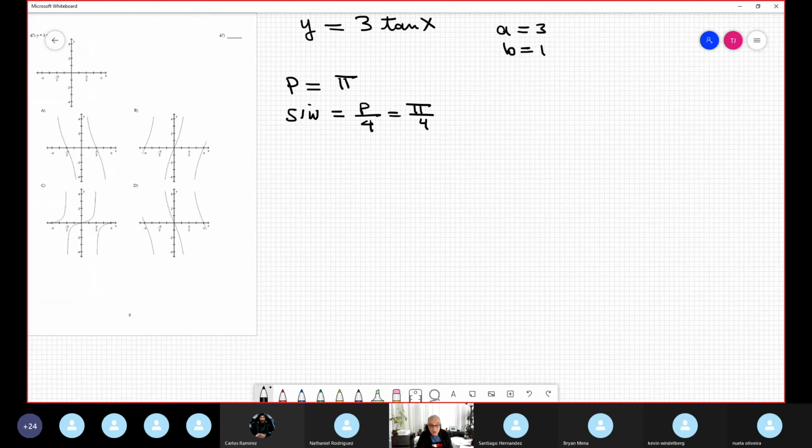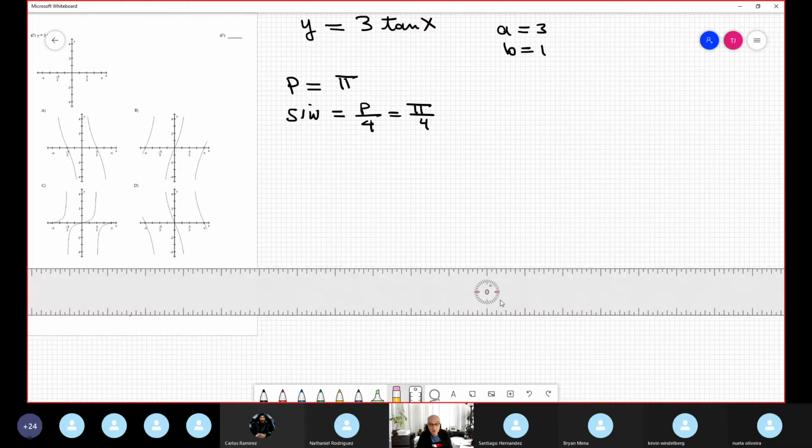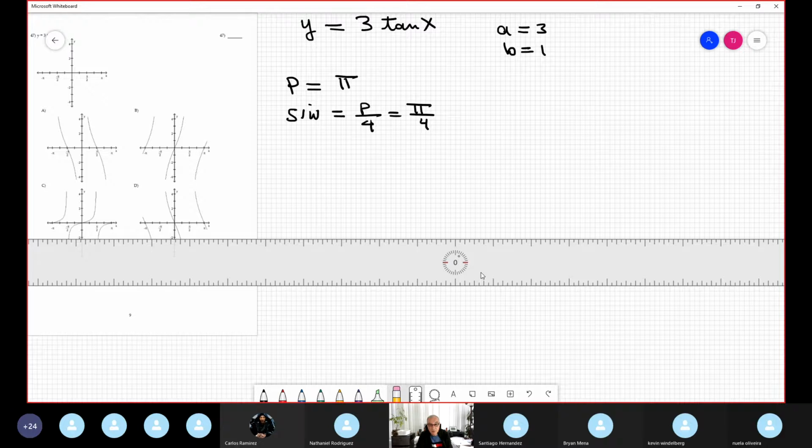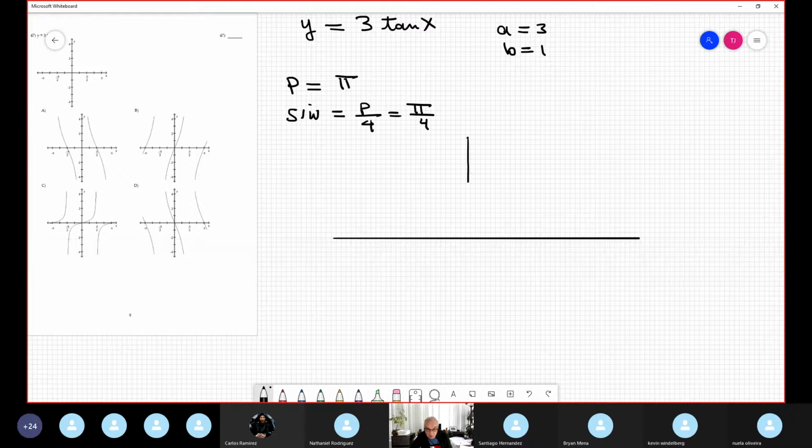In the case of the tangent, we are doing here the whole real number line. But you don't start at 0. We start at negative pi over 2. So this is 0, and we have the famous 5 points. You start here at negative pi over 2.